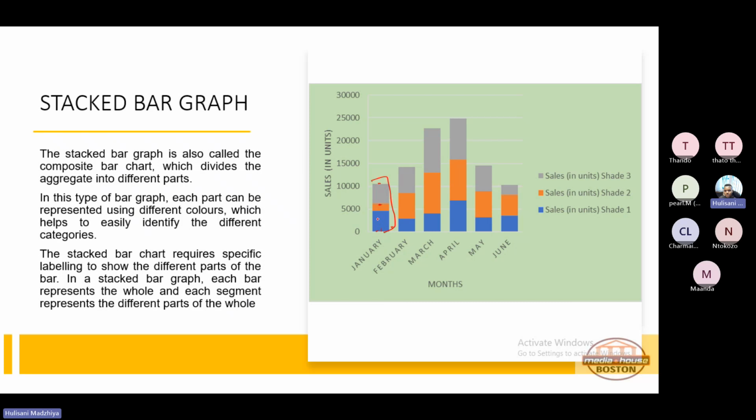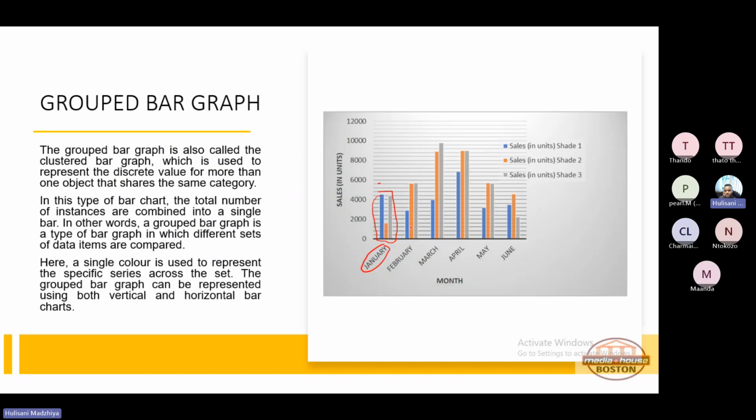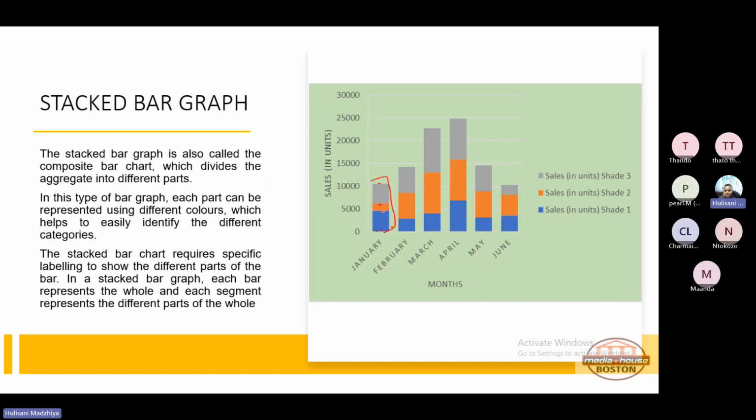So all of this data, you'll still need to be able to read by just looking at the graph, which is the stacked one. On this side, each and every product is listed separately on its own bar, whereas on this side you only have one bar with one stacked on top of another. So we have stack 1 and 2, representing the higher sales over that specific month of January based on the 3 products.